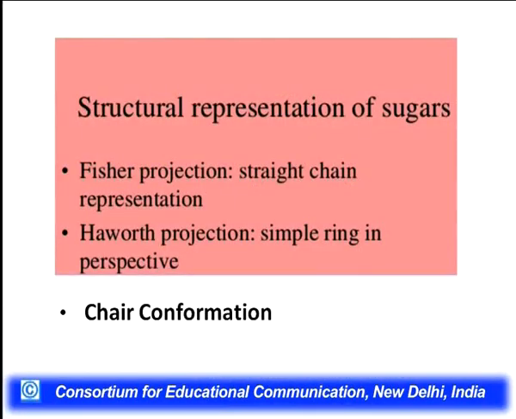Before I proceed further, I would like to discuss the drawbacks of the open chain structure. We have already discussed the Fischer projections for straight chain structures of glucose. Today we shall be discussing the closed chain or ring structures, then Haworth projection formulae for the ring structure, and the chair conformations.